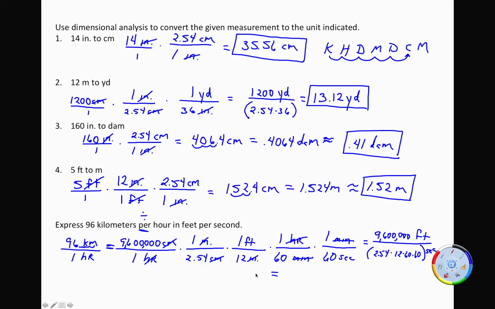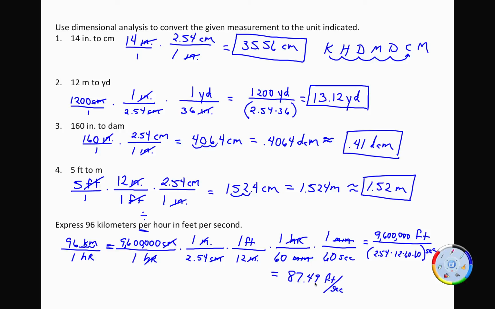So let's put that in our calculator and see that we get 87.48906, but again, rounding to 2 decimal places, 87.49 feet per second.